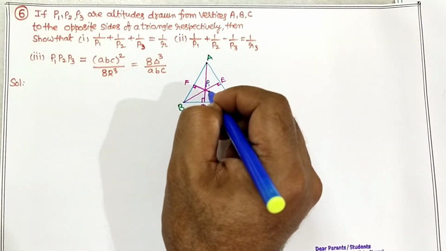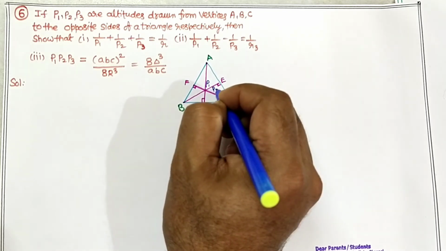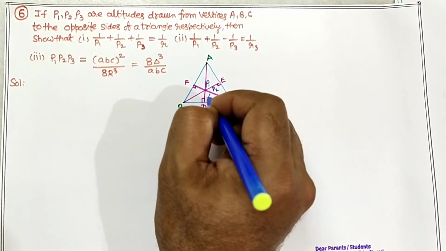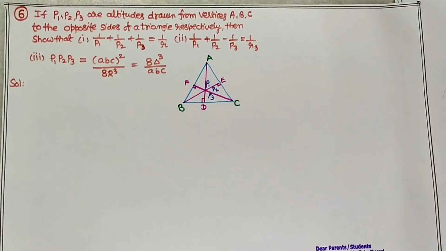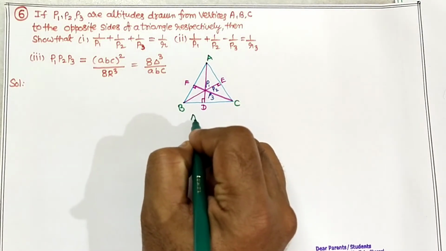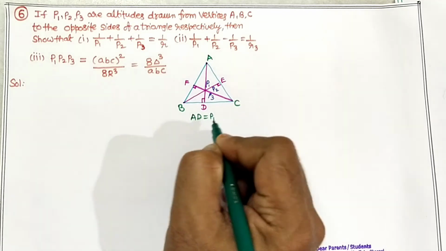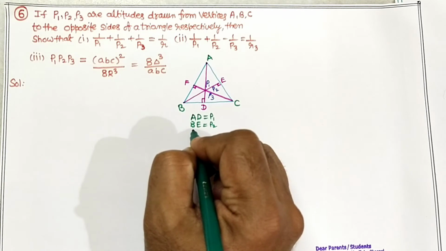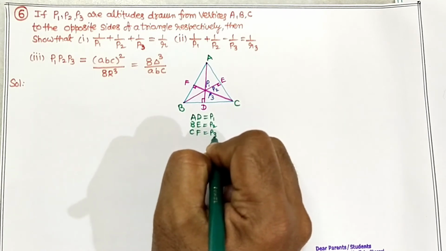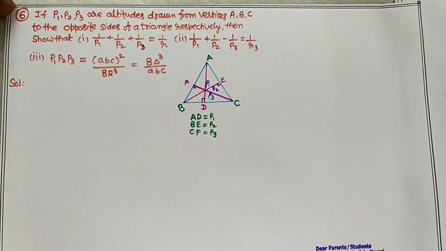From here to here it is P2. From here to here it is P3. That means AD is equal to P1, BE is equal to P2, CF equal to P3 from the figure. That information you have to note it. Then you will write AD is equal to altitude P1 and BE is equal to P2 and CF which is equal to P3. These are the altitudes of the triangle.